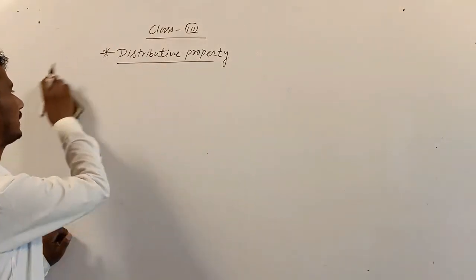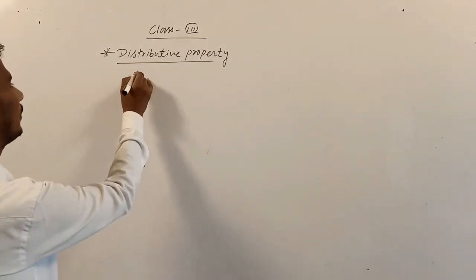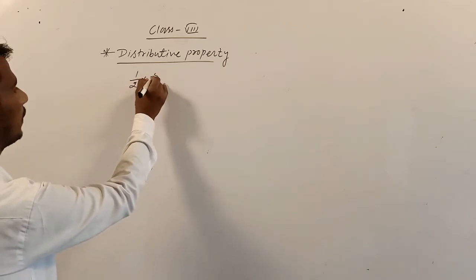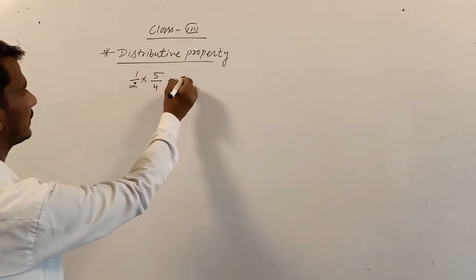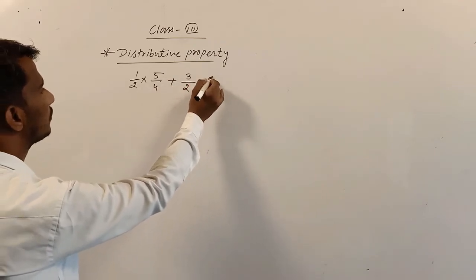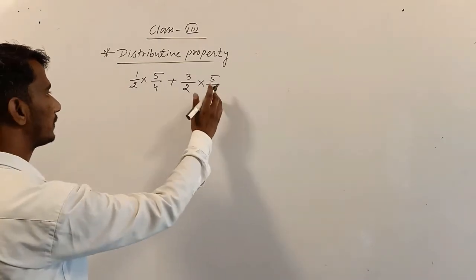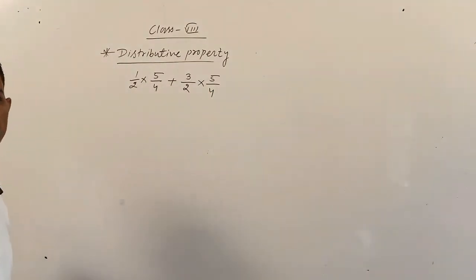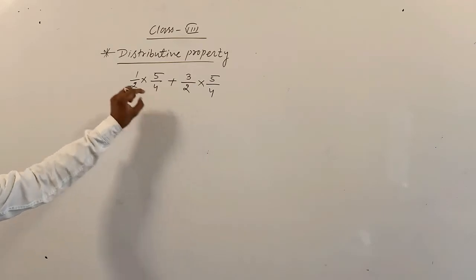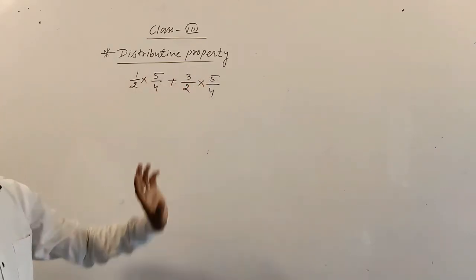Suppose in this way a question arises: 1 upon 2 into 5 upon 4 plus 3 upon 2 into 5 upon 4.